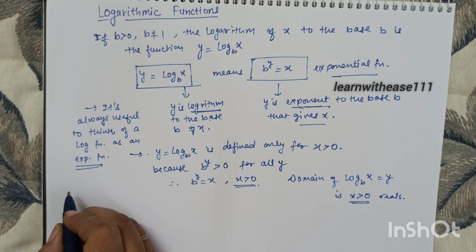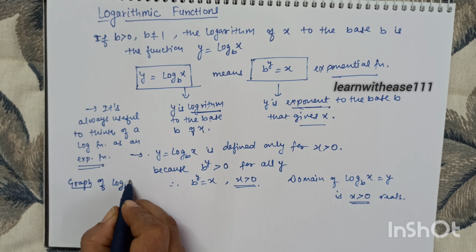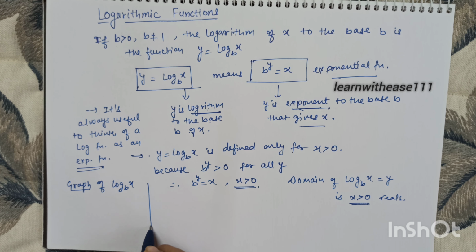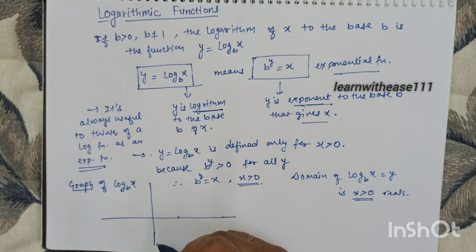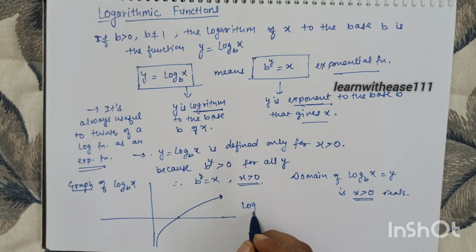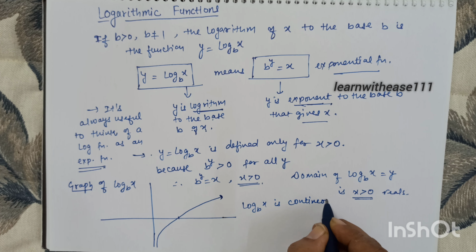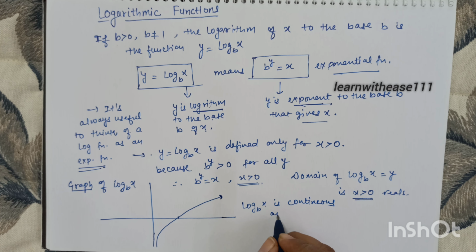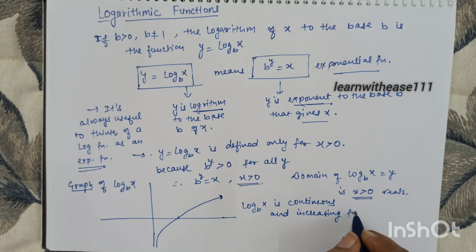Also, regarding the graph of the function, when we plot the graph, it is a continuous and increasing function. It passes through the point (1, 0) on the x-axis, because when we take the value of x as 1, log 1 base b is 0.